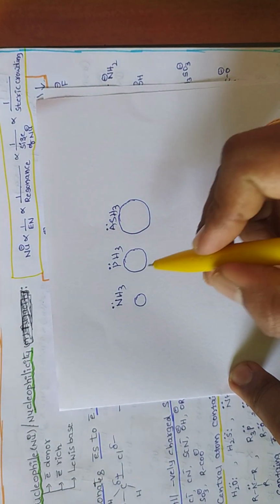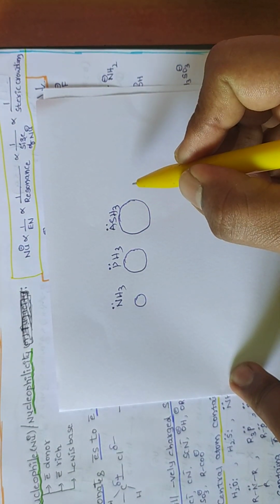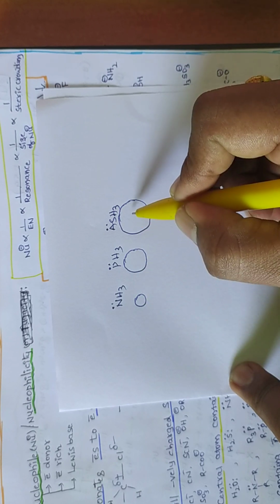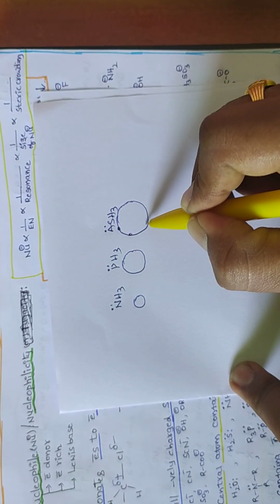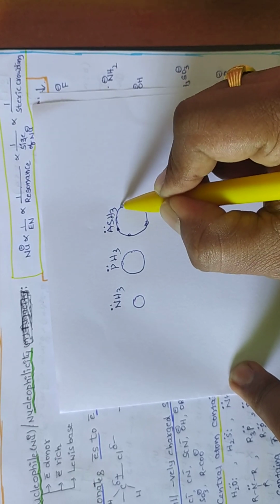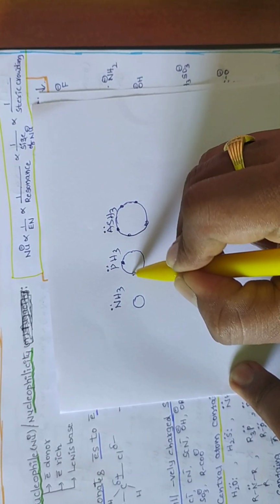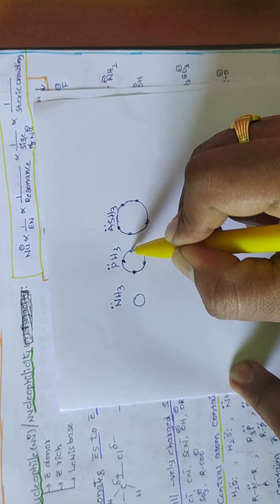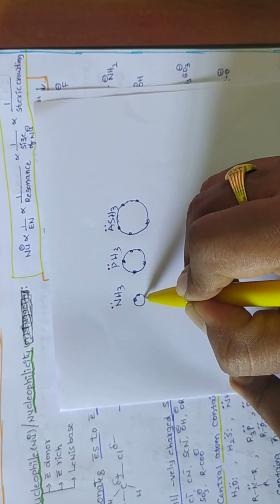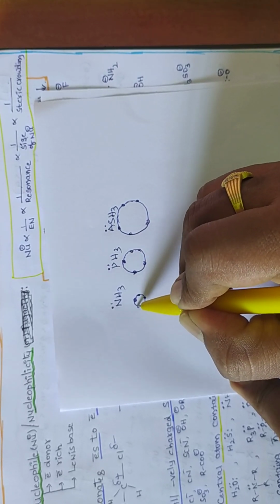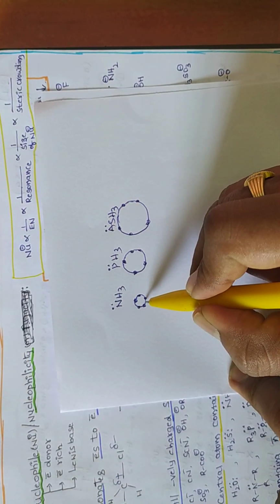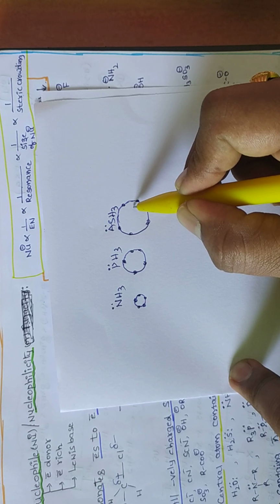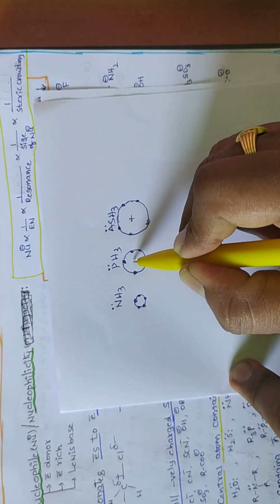All of them contain 5 valence electrons, but due to the increase in size, the 5 valence electrons get distributed. Whereas here, because of the small volume, the electrons are very close. Electron density is more and dispersal is less. Here dispersal is more. So what will happen?